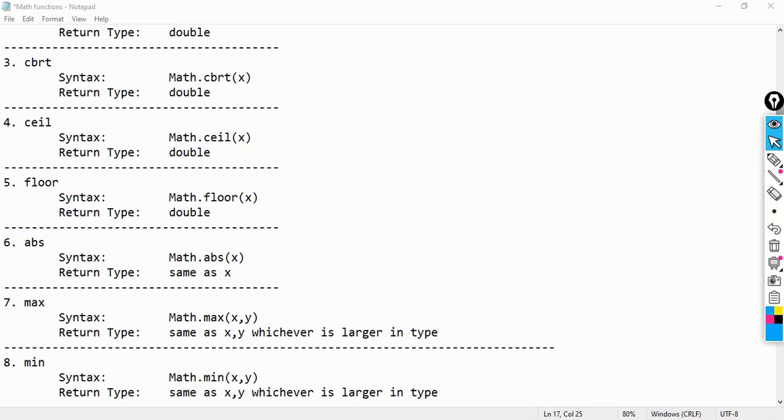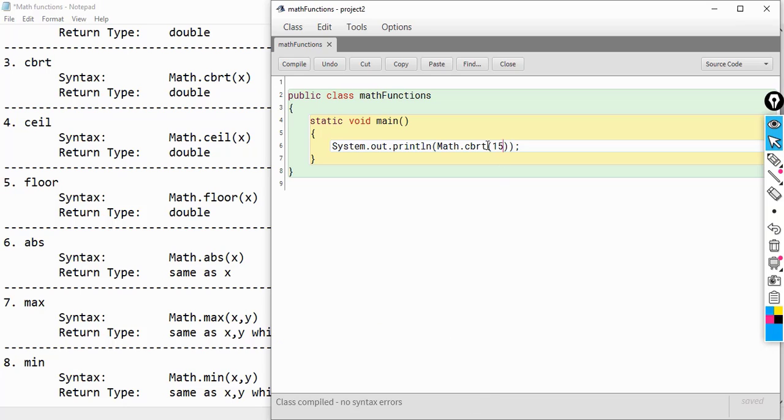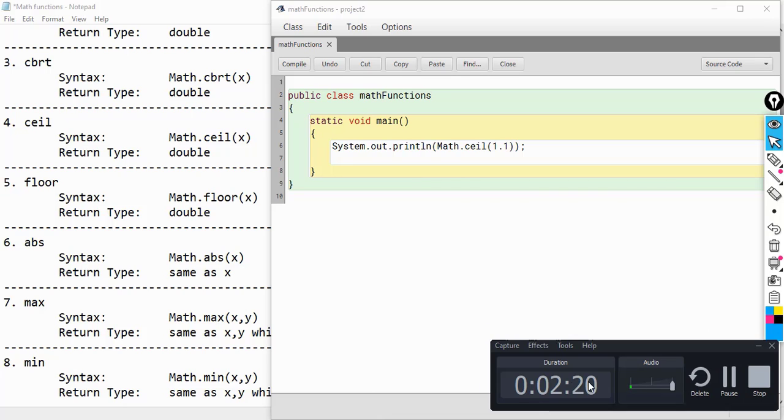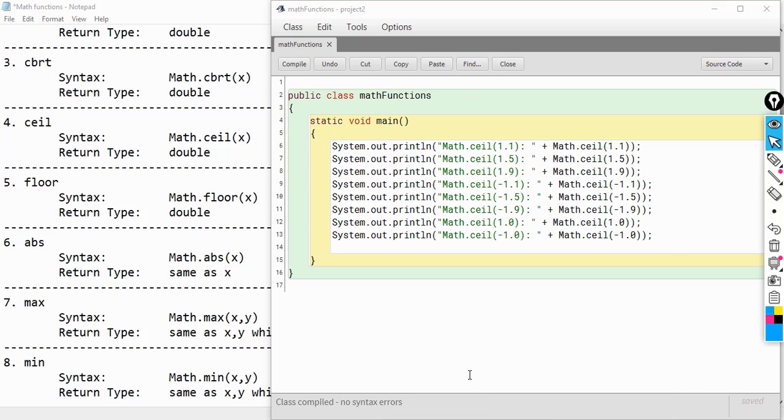So let's look at a few examples. math.ceil 1.1. Let's look at the output for this program.